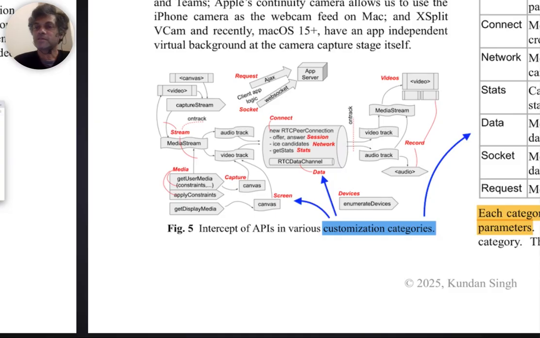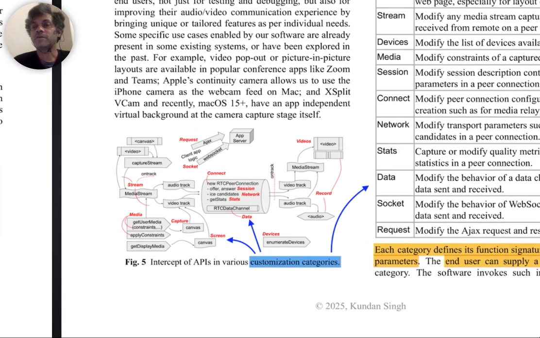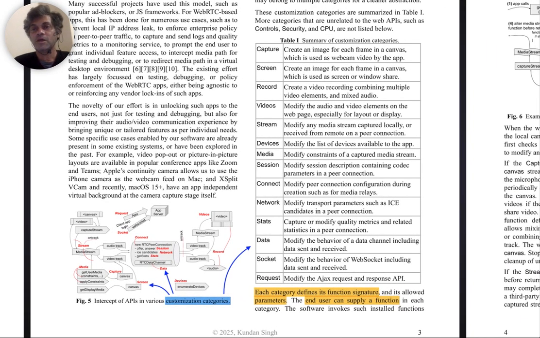Here, these customization categories are summarized in the paper, and they are detailed in the documentation that comes with the software. Now, each category can define a function signature to tell the user or developer that this is how it accepts the customization function. And the end user or developer can supply those customization functions for any of these categories.